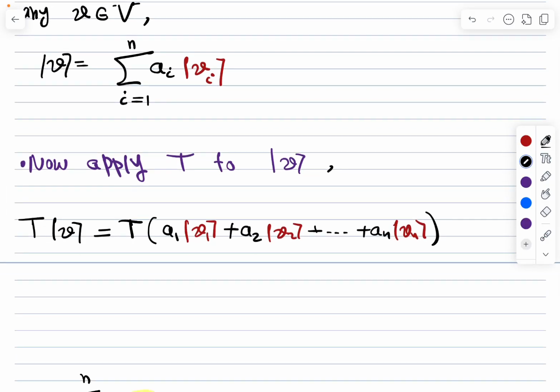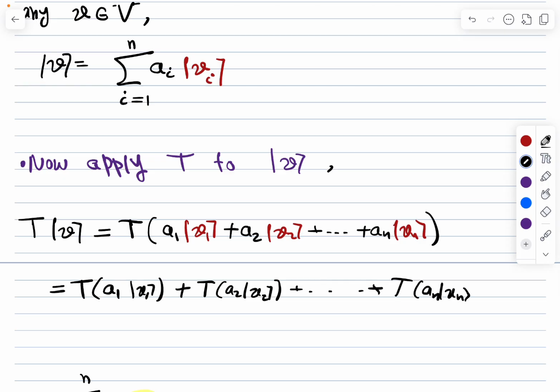The first fact is that we can distribute it. We have n vectors, so we can distribute it to each vector. In other words, it can be written as T at a1 v1, this is the first term, the second term, T at a2 v2, etc., until T at an vn.